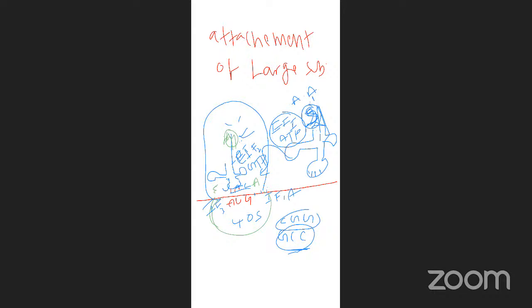To form the peptide bond, no energy is required. This peptide transferase enzyme exists in the 28S rRNA subunit, that means actually in the 60S subunit.